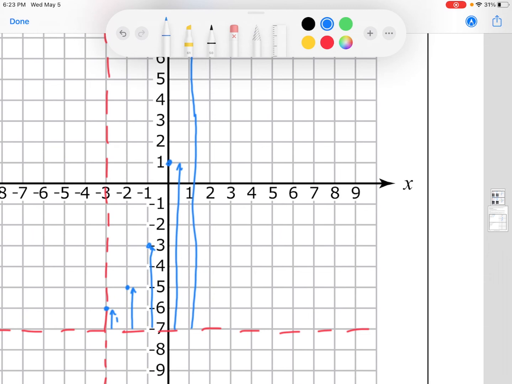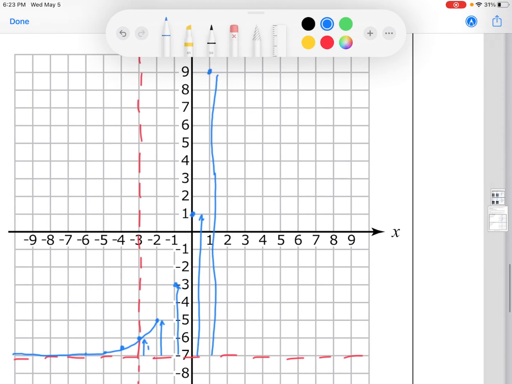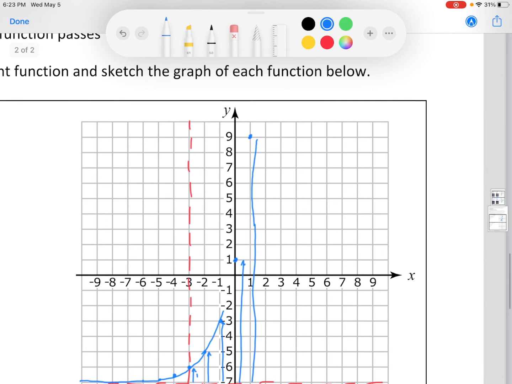Now, as I move to the left, it gets half as big each increment going to the left. So it would look like that. And your graph hugs against that asymptote and then begins to grow rapidly. So it would look something like this.